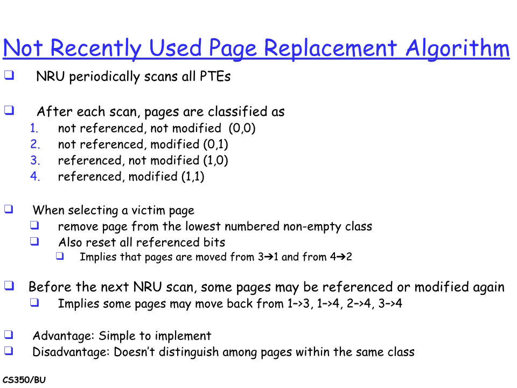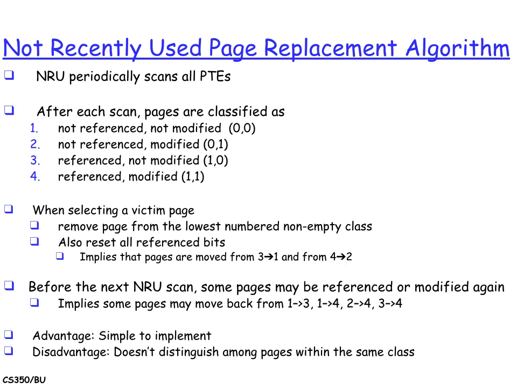So a very simple algorithm that approximates LRU is called the not recently used algorithm, or NRU. Since we have two bits, referenced and modified, there are four possible combinations of these bits: 0,0, 0,1, 1,0, and 1,1. So every page table entry falls into one of four categories.